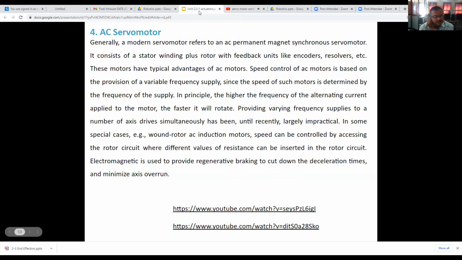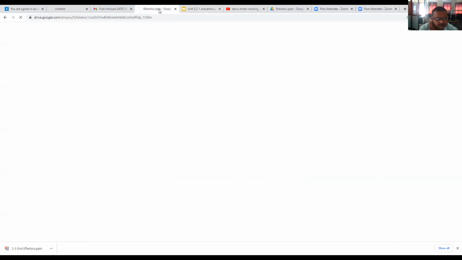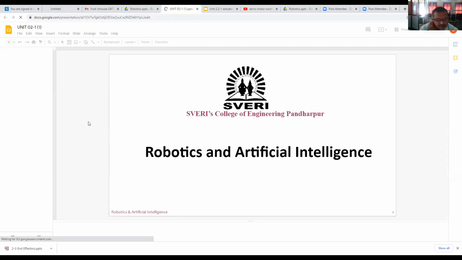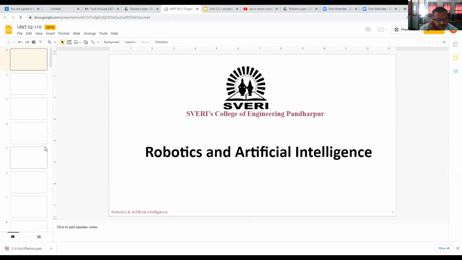Okay, this is nothing but AC servo motor. Now again two drives remain, the variable frequency drives, that I will cover.